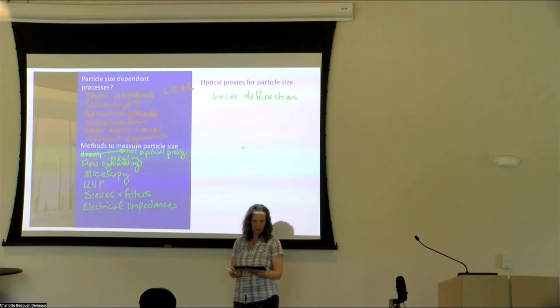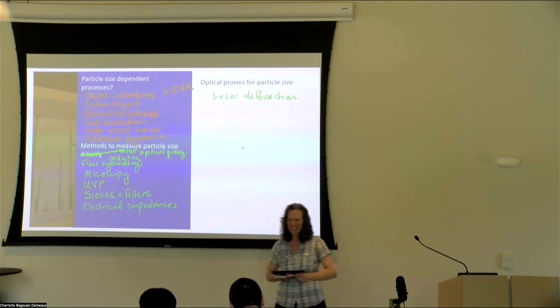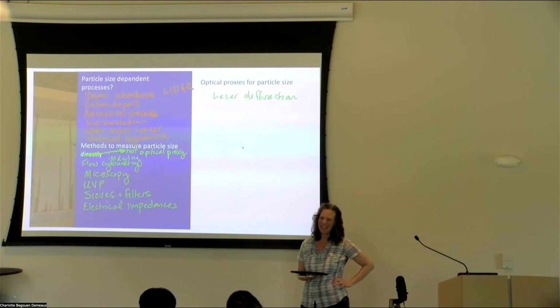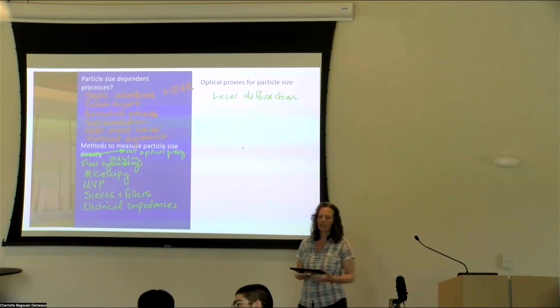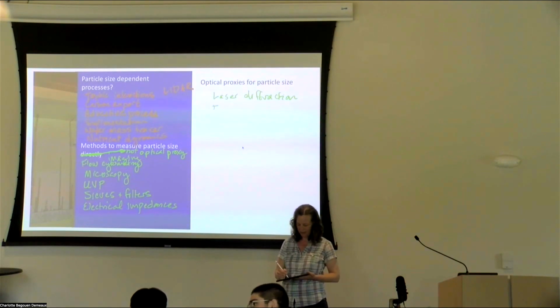Is there any other? Do you have any favorites that we should add to the list that people might not have thought of for a while? There's one, the dynamic light scattering. That's an optical proxy. That includes the fluctuations, molecular motion, due to size.